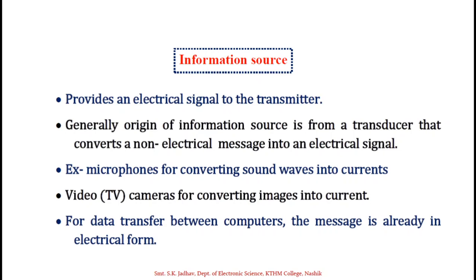That means it may be any physical parameter such as temperature, pressure, sound, or volume, etc. Generally, origin of information source is from a transducer that converts a non-electrical message into an electrical signal.